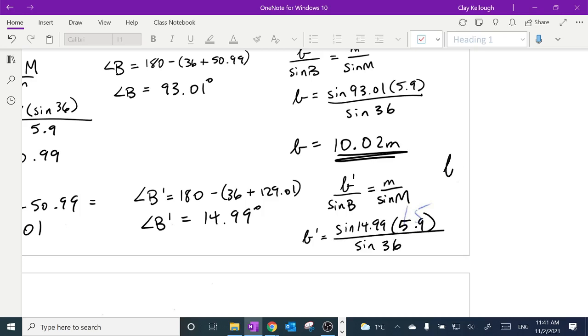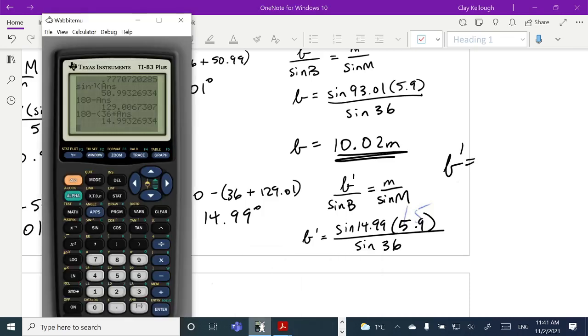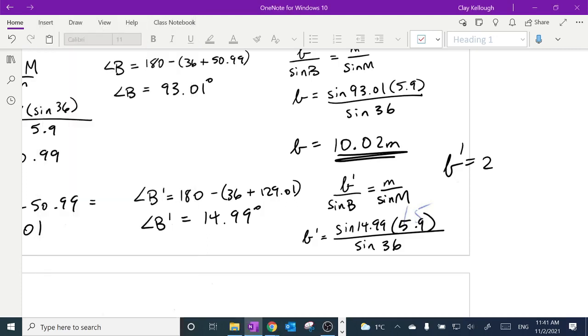And my other B answer, B primed, is sine of my answer, close my brackets, times 5.9. What am I expecting before my final button punch? I'm expecting a smaller number, right? They're much closer together because they're on the same side of the balloon now. So let's see. Yep, 2.59, or I guess that'd be 2.60 meters.